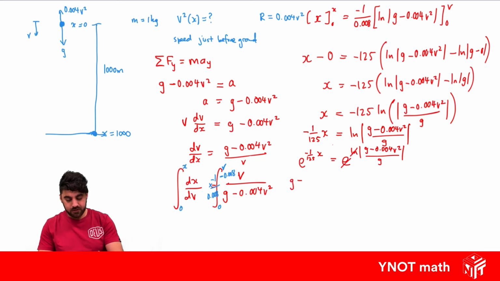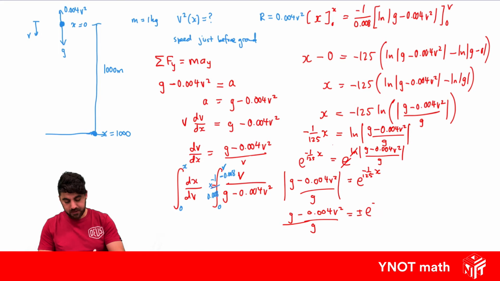So we get g minus 0.004 v squared all on g, all absolute valued, equaling e to the minus 125x. We can remove the absolute value by adding in a plus or minus on the other side. So we'll get g minus 0.004 v squared all on g, equaling plus or minus e to the minus 125x.